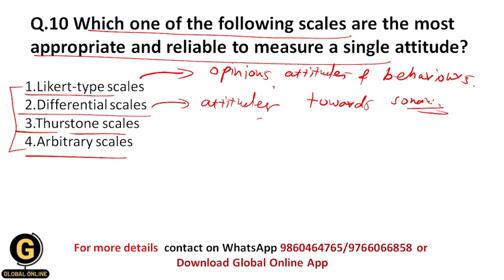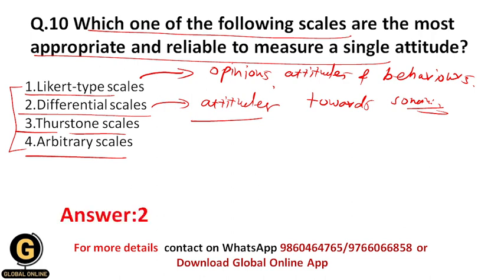And for measuring attitude towards work, this is nothing but the differential scale. And that's why if you want to measure a single attitude of a person toward something, the differential scale is the most appropriate and reliable way.